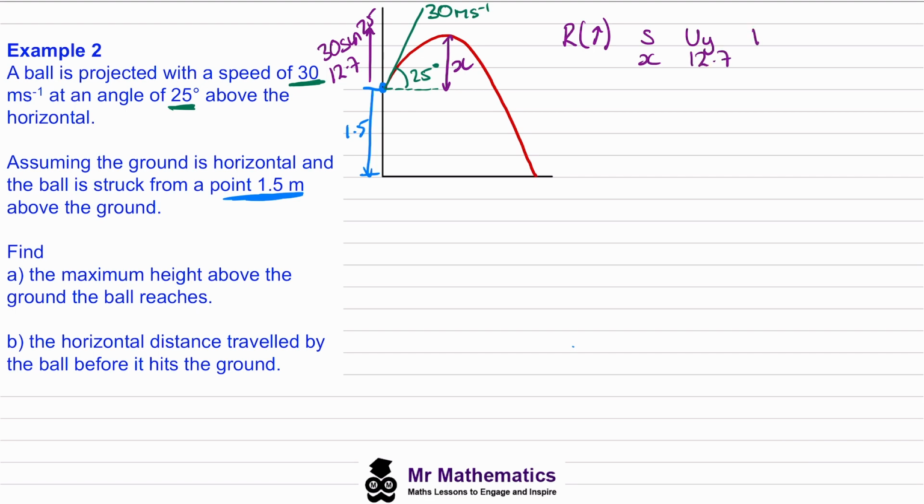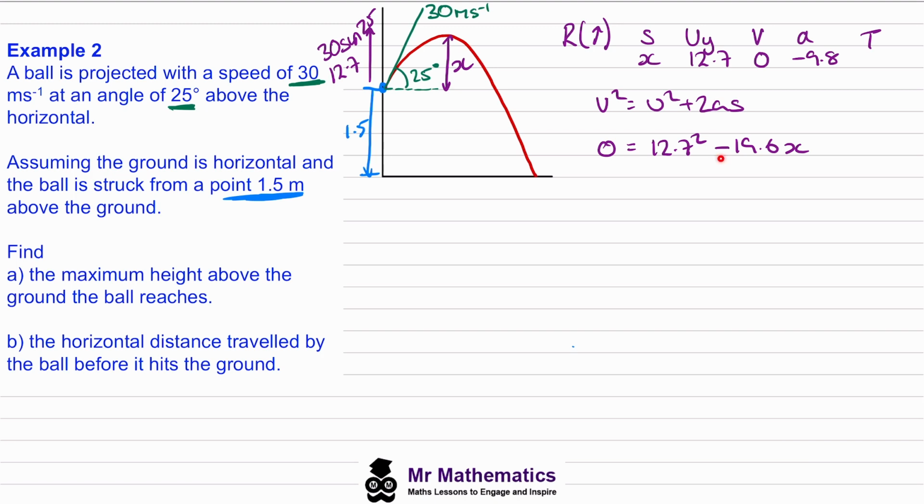We know the final velocity will be 0, and the acceleration will be negative 9.8. And we don't know the time. So now we can use v squared equals u squared plus 2as. And this will then allow us to work out the displacement, which we're calling x. So substituting in our values, we've got 0 will equal 12.7 squared minus 2 lots of a, so negative 19.6 times x.